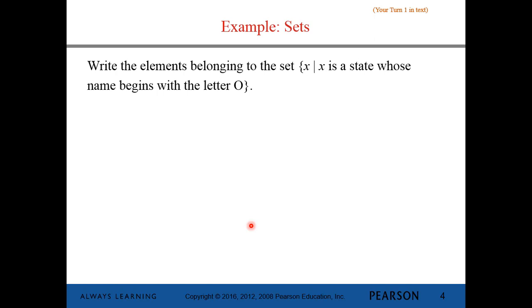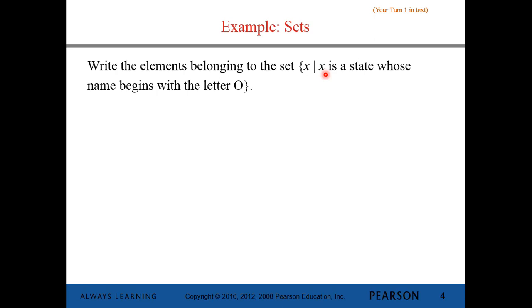Okay, so we can write an element that belongs to a set in what we call set notation. The curly braces denote a set. So we say the set of all x, and the vertical line means such that, and then the rule. After the vertical bar is the rule that says whether you can be in the set or not. If you satisfy the rule, you're in the set.